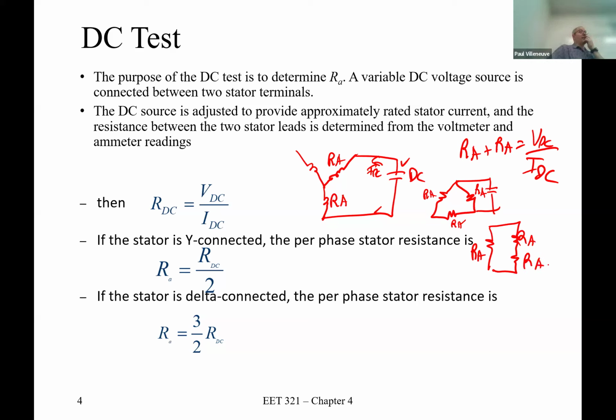When I just run the DC test, I don't have three-phase DC, I only have single phase, but when the machine is internally connected, all three of those are there. So VDC divided by IDC is going to be equal to 2RA in parallel with a single RA, right? So if I do product over sum, that's equal to 2RA squared over the sum.